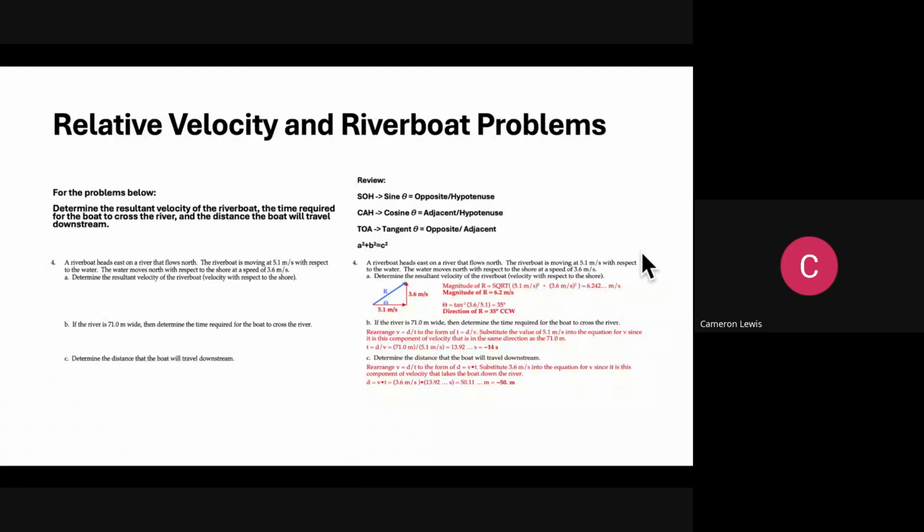So now let me go back here. When we got that 71, hold on. We got velocity is equal to, let's say, distance over time, right? Instead of using the 6.2, use the 5.1.